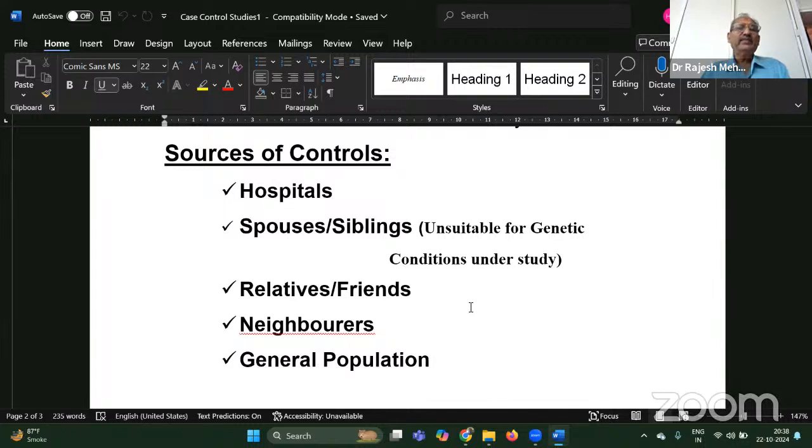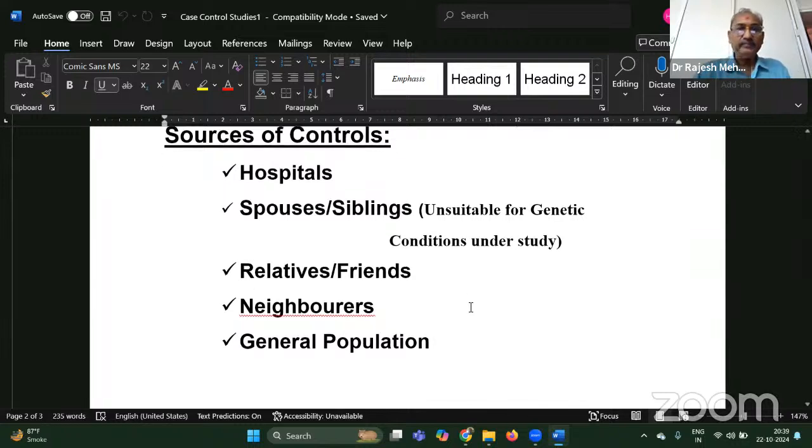For such things, if there are twins, one staying over here and one in a foreign country, then the environment is changing, but the gene remains the same. Like this, you can find the same family members, some of them staying outside, a few staying over here. At that time, you can compare genetic versus environment.